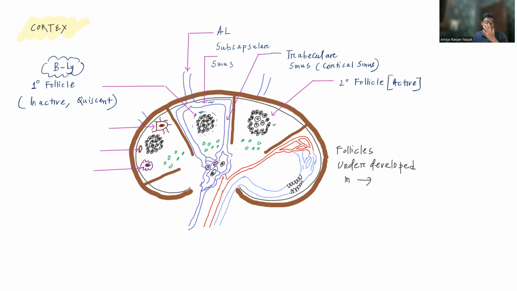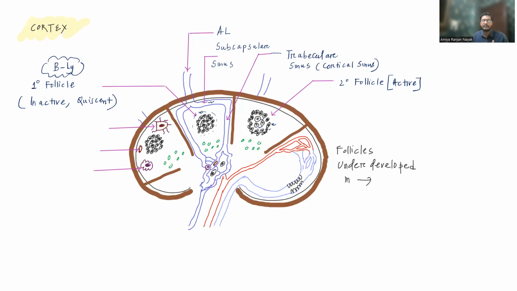Once the B cells are exposed to antigens, they start to proliferate. The proliferating or active B cells come to the center of the follicle. On the outer part you can see the darker B lymphocytes, but in the inner part you can see the activated B lymphocytes.